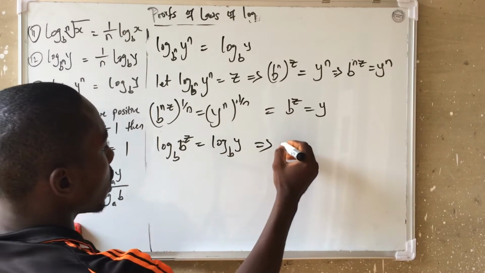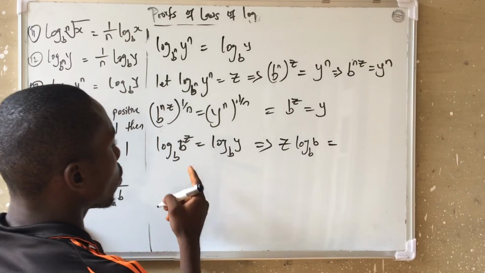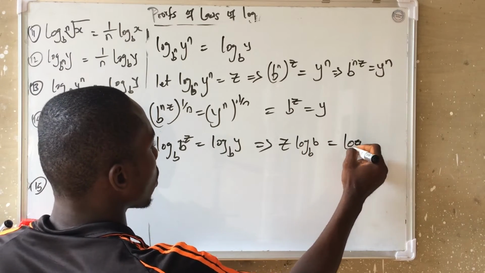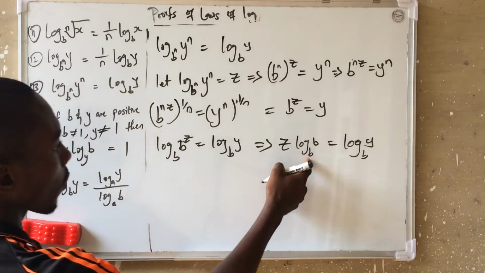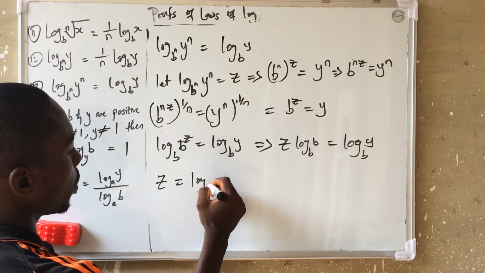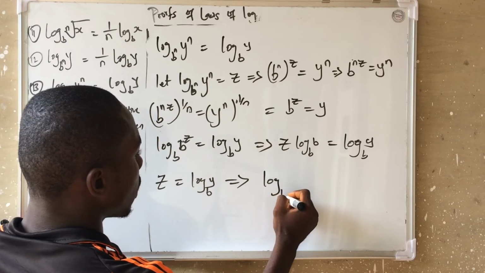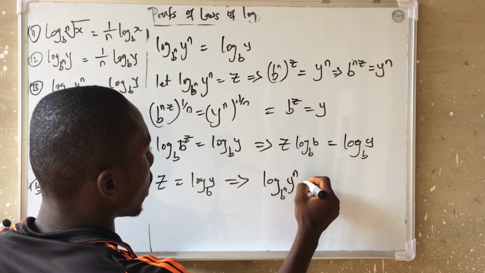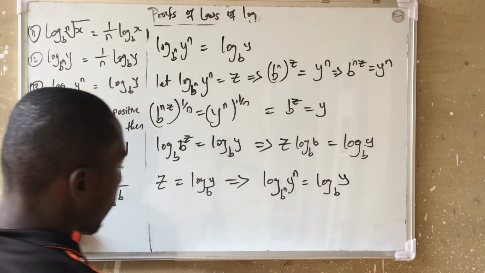Now that is going to give me that z log to the base b of b is equal to log to the b of y. Log to the base b of b is 1. So z is equal to log to the b of y. What is my z? My z is log to the b of y to the n, equal to log to the b of y.